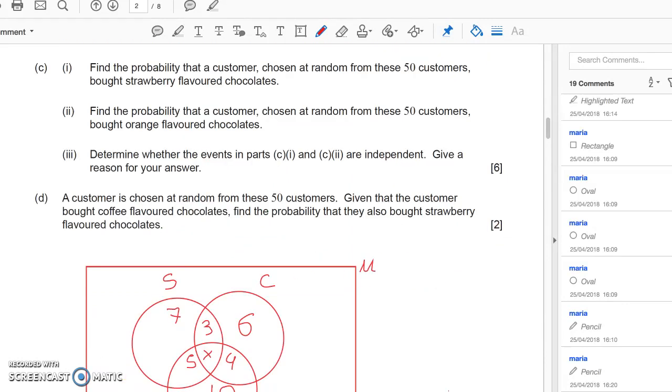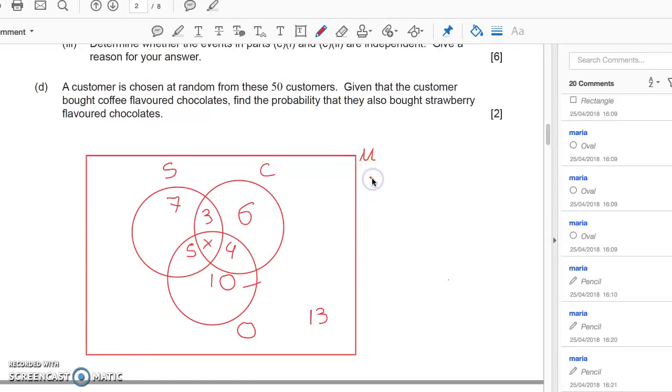Question C, find the probability that a customer chosen at random from these 50 customers bought a strawberry flavored chocolate. So what's the probability of having a strawberry flavored chocolate from all of them? How many are all of them? My 50 customers.